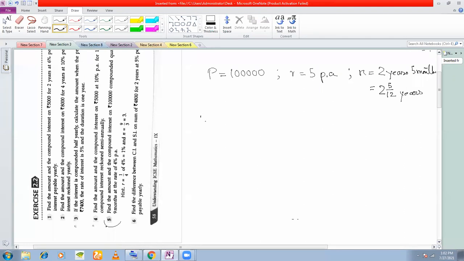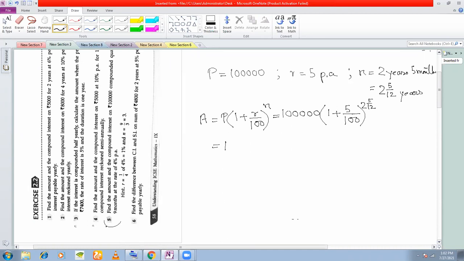Now in order to find out the amount, you put the values here. 1 plus r by 100 to the power of 2 and 5 by 12, right?